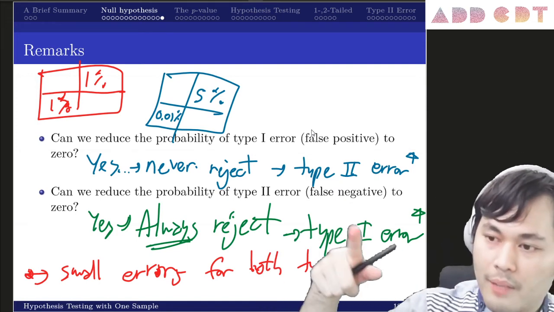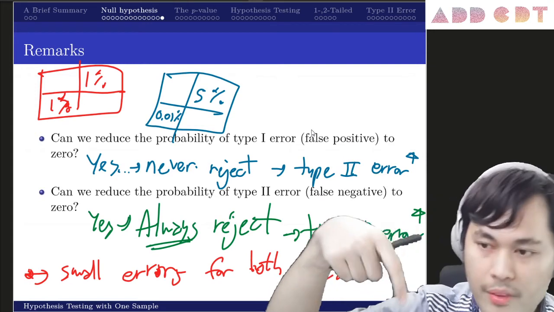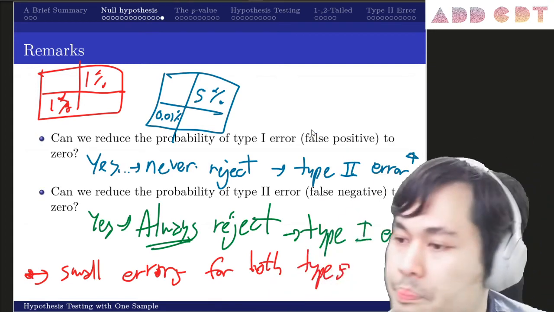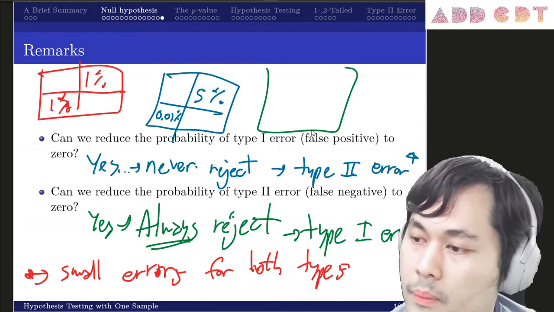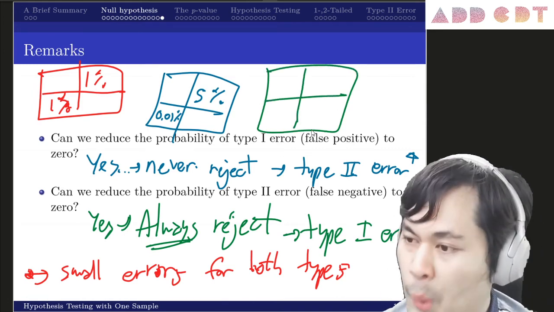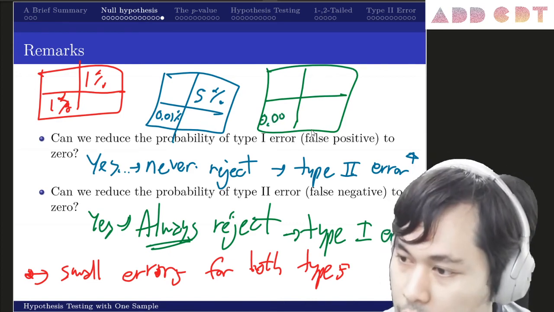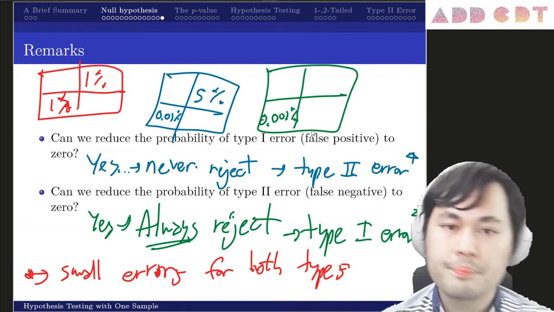We want the type 1 error to be small, so the trade-off is that the other one is going to be large. Maybe that's acceptable for you. Or maybe we want to decrease that to 0.0001%.